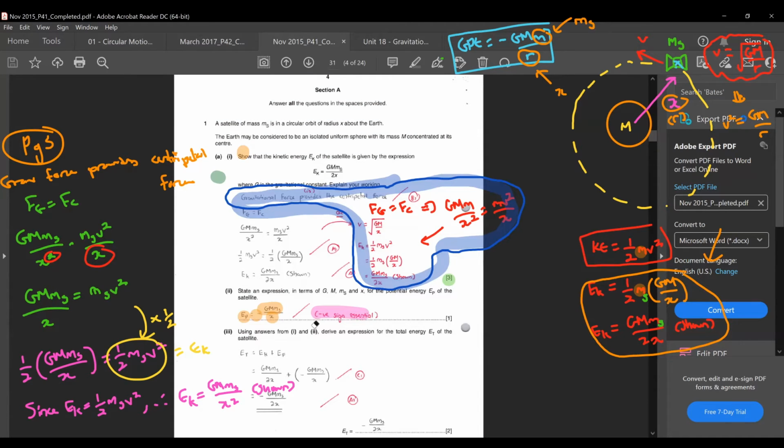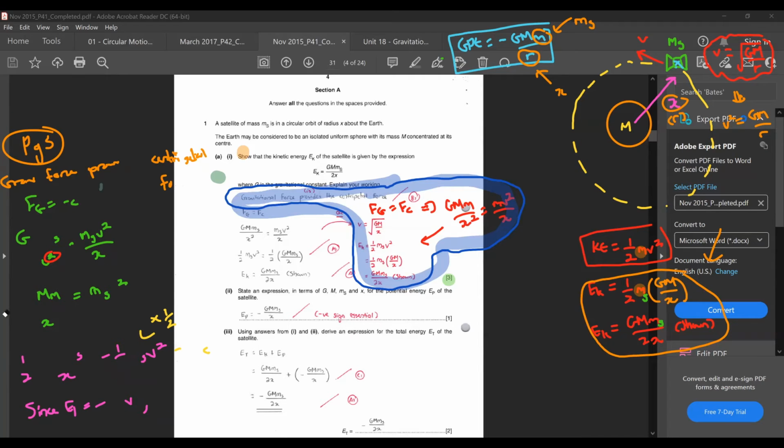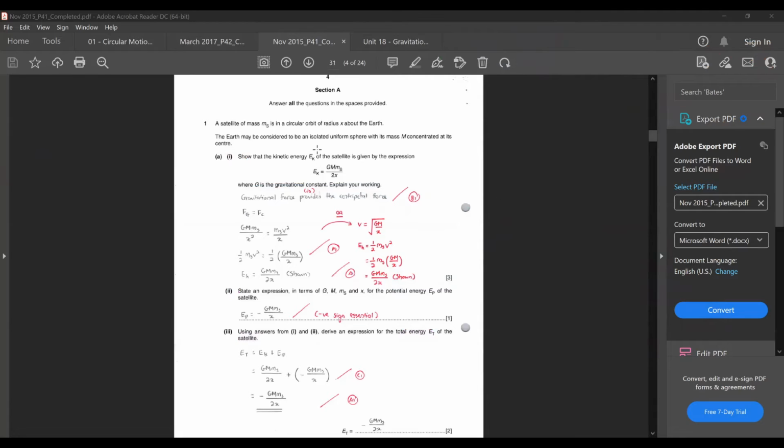All right, then we go on to part 3. Now, part 3 is telling you, using your answers from 1 and 2 above, which is this one and this one, find out the expression for the total energy ET of your satellite. Okay, what is the total energy ET of your satellite right now? Now let me just erase everything. Your planet, your satellite, moving in circular orbit.